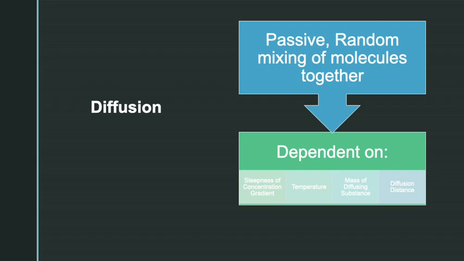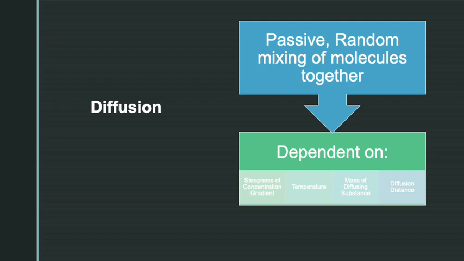Temperature is also going to affect the rate of diffusion. As temperature increases, so does the rate of things being able to diffuse. As things get colder, we will slow down that rate of diffusion. The size or the mass of the diffusing substance also can alter the rate of diffusion. So the smaller something is, the easier it will diffuse.